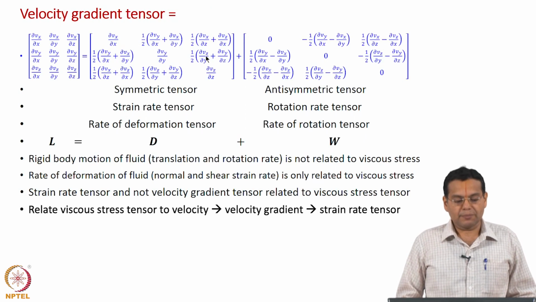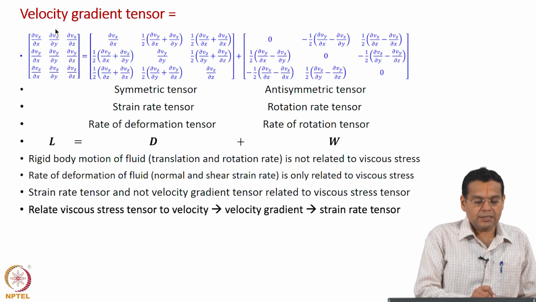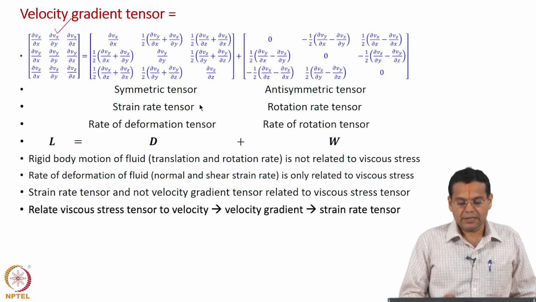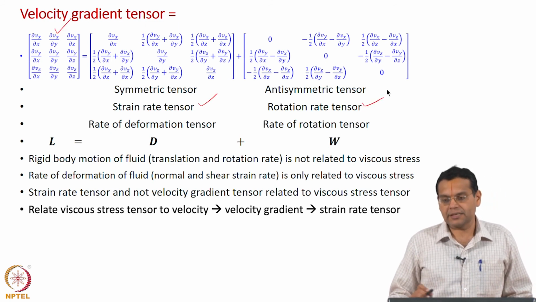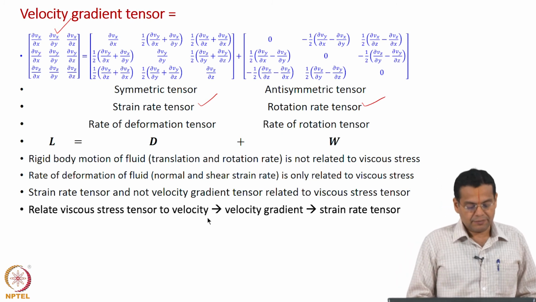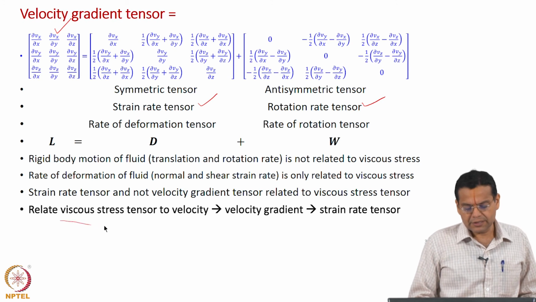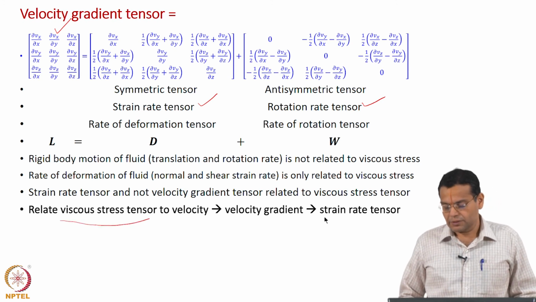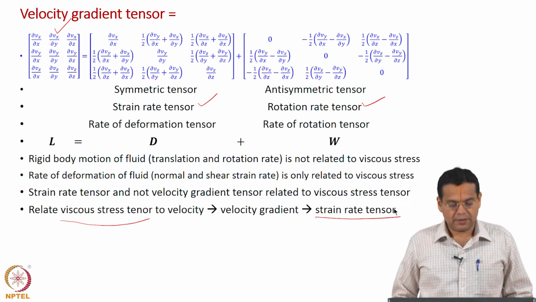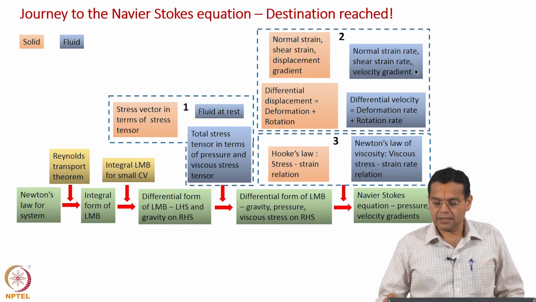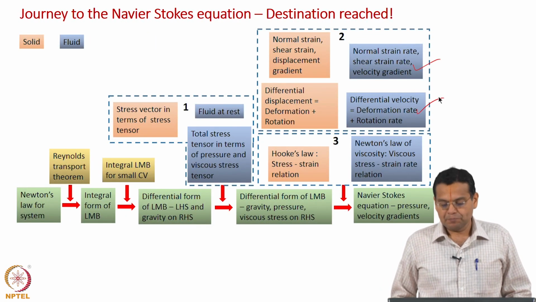And once again, more importantly, we discussed the velocity gradient tensor as a sum of a strain rate tensor and rotation rate tensor. Once again, we said the objective is to relate viscous stress tensor to the strain rate tensor. Okay. So, at that point we have discussed these two blocks.